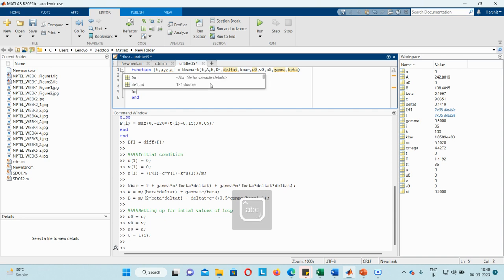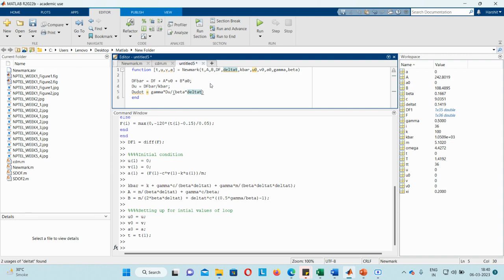And then velocity can be written as, we saw the relation, I'm directly writing it now: du dot is gamma into delta u divided by beta delta t, minus gamma into v naught divided by beta, plus delta t times a naught multiplied by 1 minus 0.5 times gamma divided by beta.